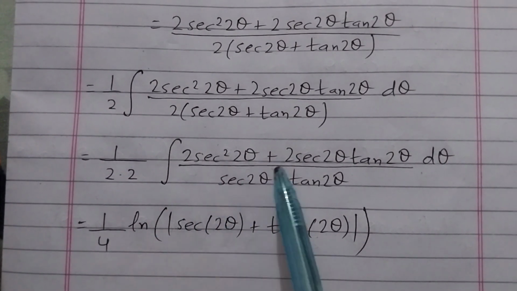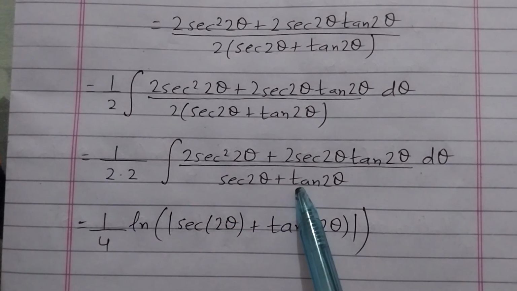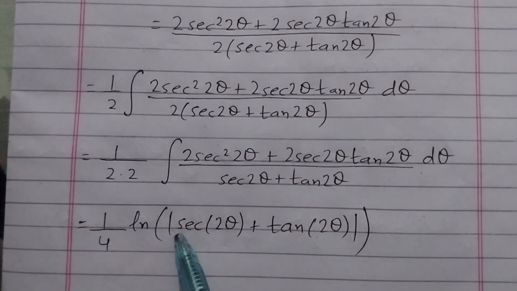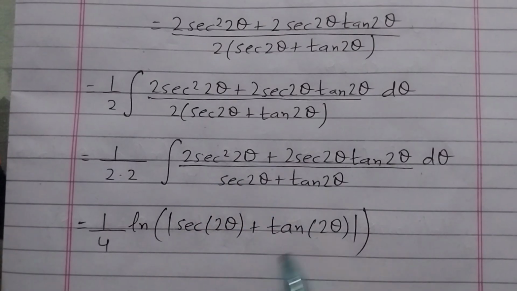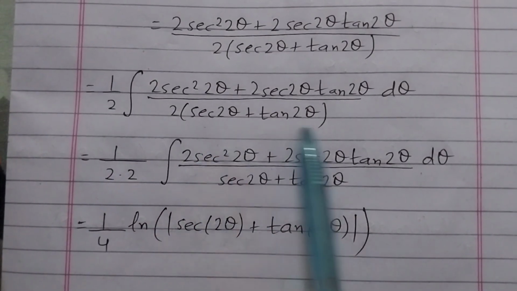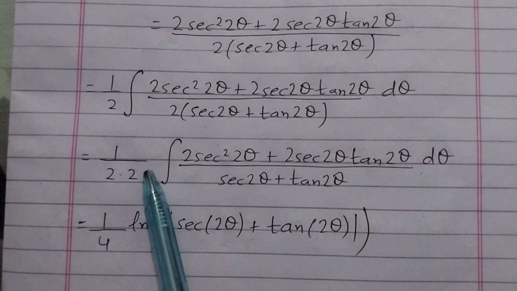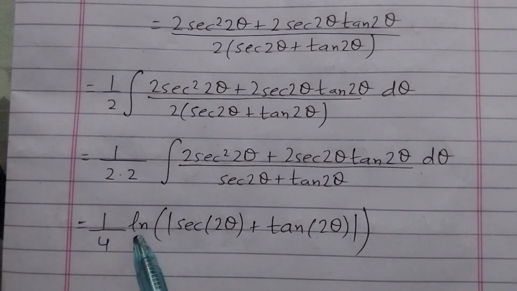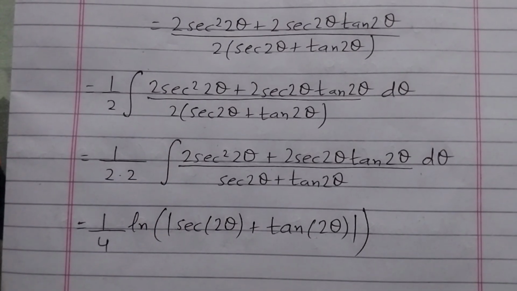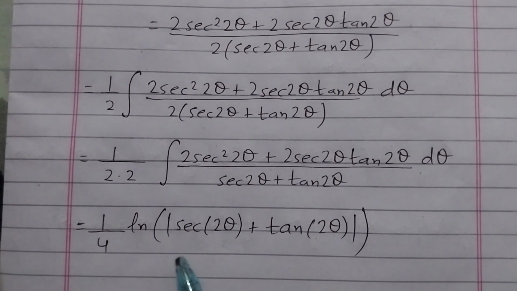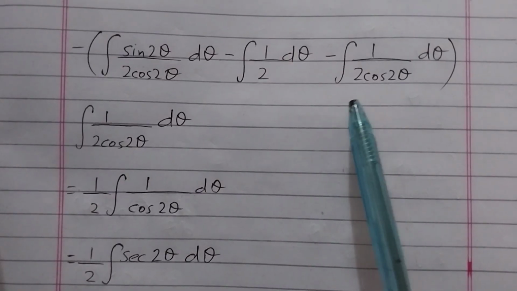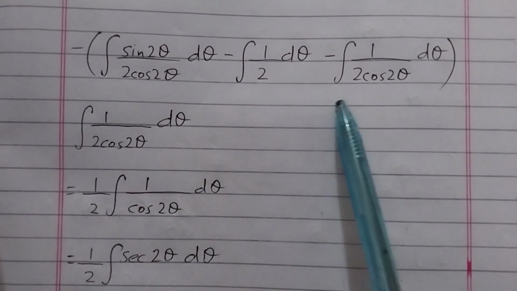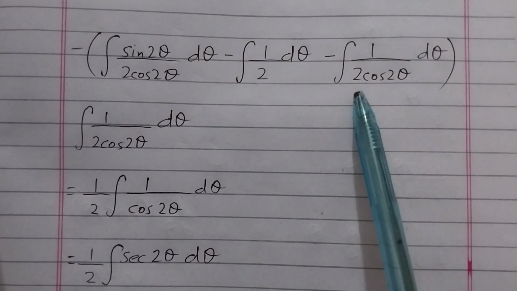So natural log of absolute value of secant 2 theta plus tan 2 theta. This will be the antiderivative of this thing. And outside, 1 over 4 was written, so 1 over 4 times natural log of absolute value of this thing. So this is our first integral, which we needed to find in order to find this whole value. So we have found the value of this integral.